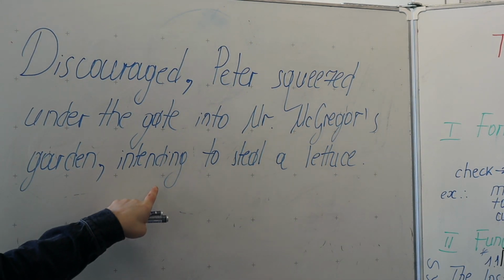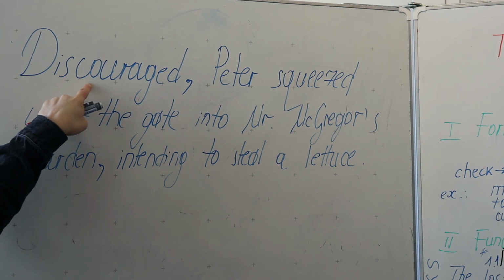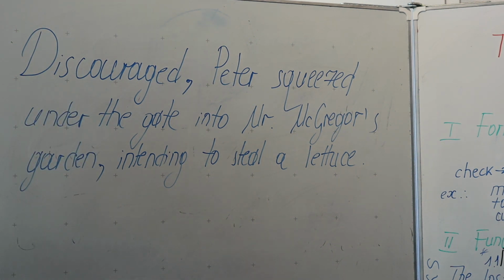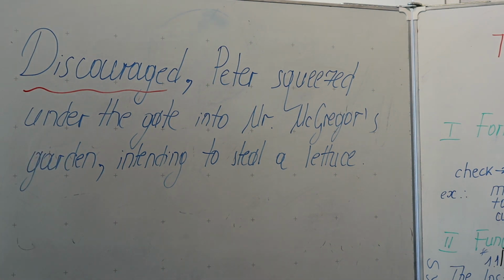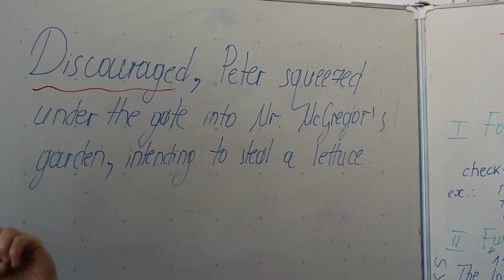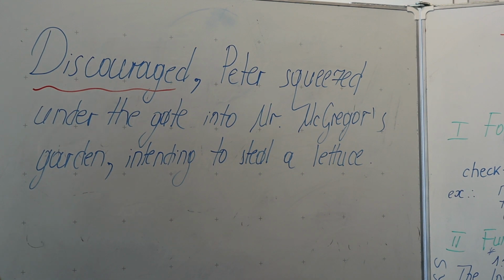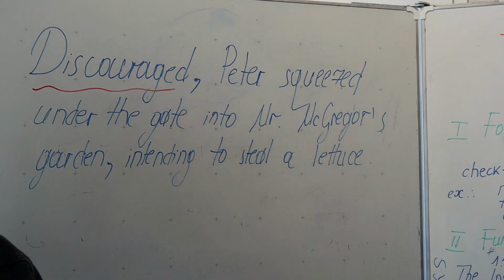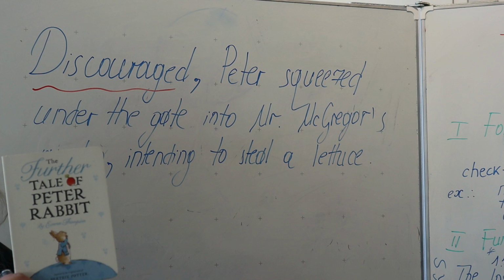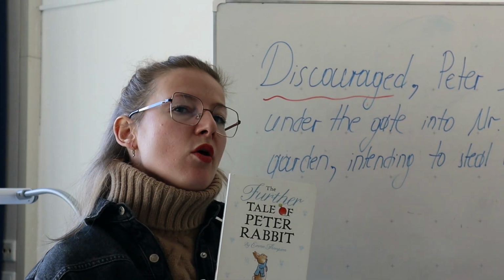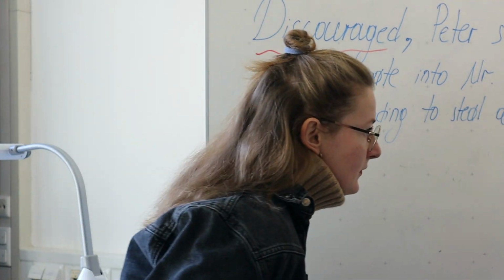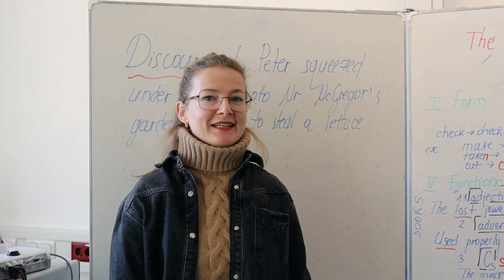Oh, we actually have a present participle as well, but our focus is the past participle, discouraged. He squeezed under the gate into Mr. McGregor's garden because he was discouraged and with an intention to steal a lettuce. Okay, so these are not uncommon. Okay, we are done with part number 1, English.